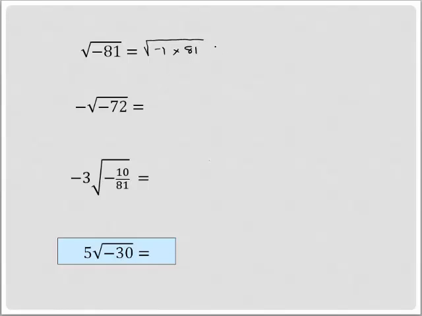So the -1 comes out of the radical as the imaginary unit j, and the square root of 81 is 9. So 9j or j9, we'll worry about that nomenclature in a little while. But that -1 comes out as j.